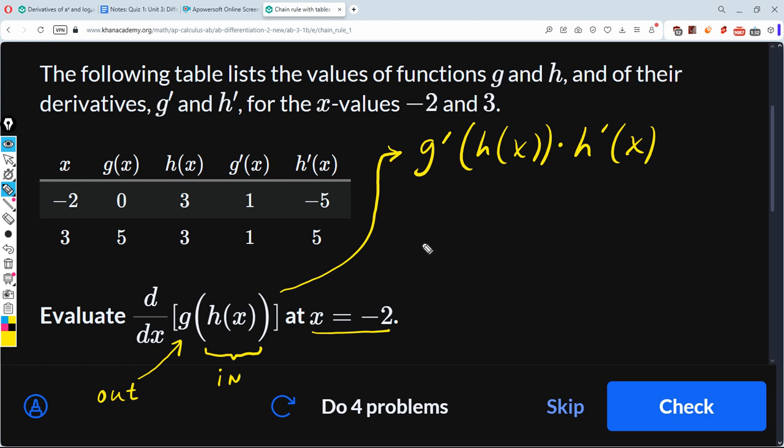That was the formula in the notes, just using different letters. So that's g prime, and since we're evaluating at x equals negative 2, h of x is going to be h of negative 2, and that's going to be times h prime of negative 2.